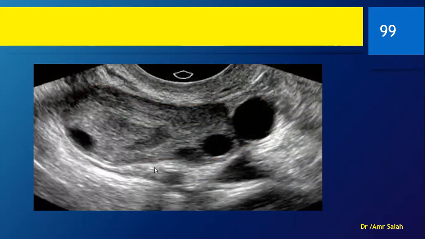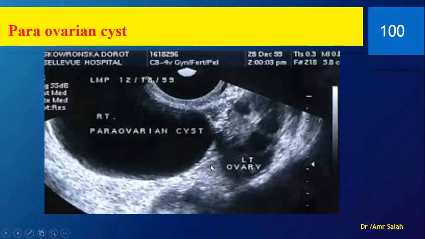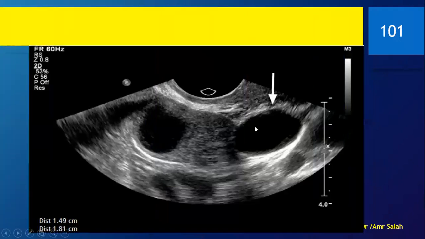Again, try to ignore the annotations. We have this cyst and we have this ovary. What do you think? This is para-ovarian. Okay, there's no annotation here.